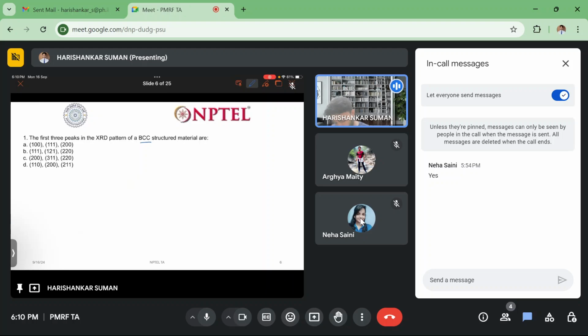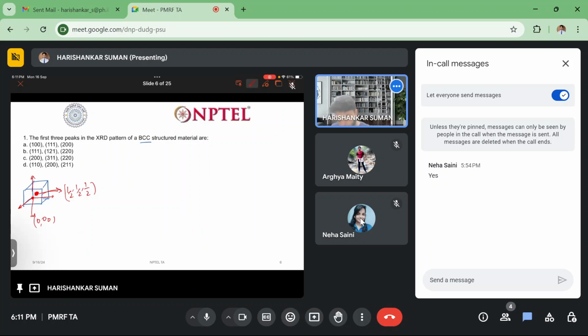This is the body centered cubic structure: one atom at the corner, and one at the body center. So the position for this is 0 0 0, and for this, half half half.